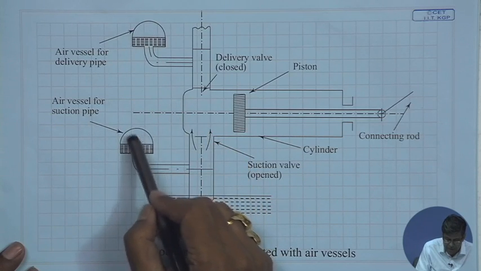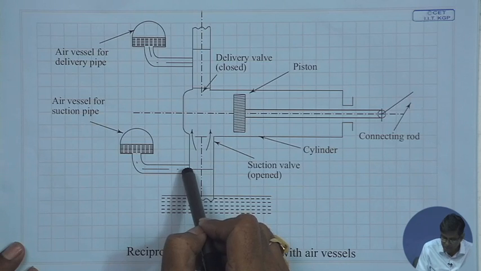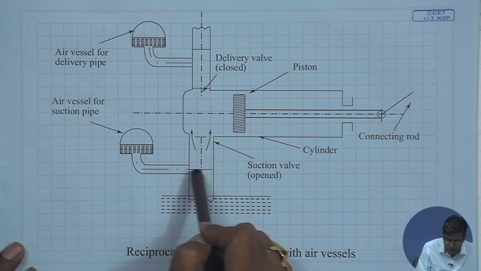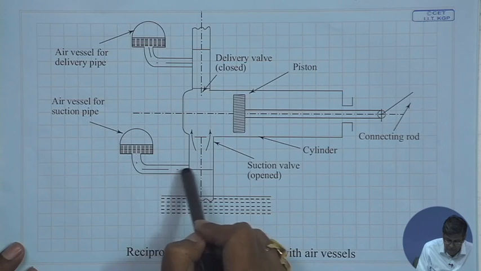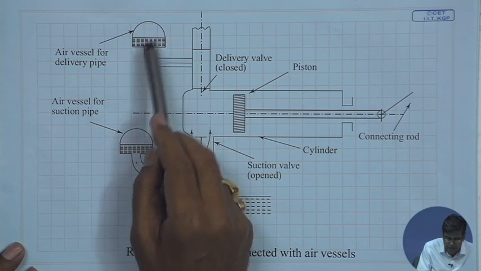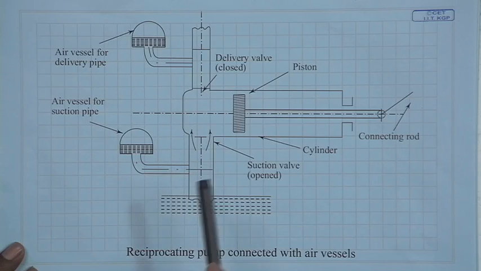So when this air expands, it releases water, or energy, and when it is compressed, it absorbs energy. Therefore compression and expansion of the air in the air vessel releases water to or takes water from the line.